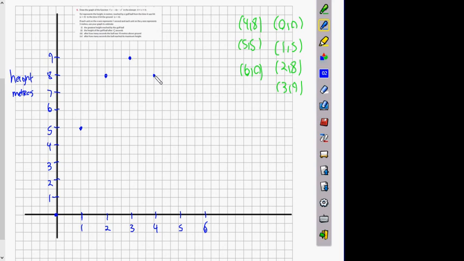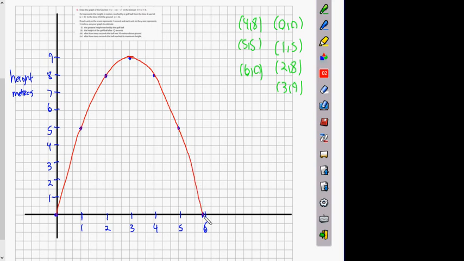Here. 5, 5. There. And 6, 0. Here. Draw your graph. There you go. Your graph there.